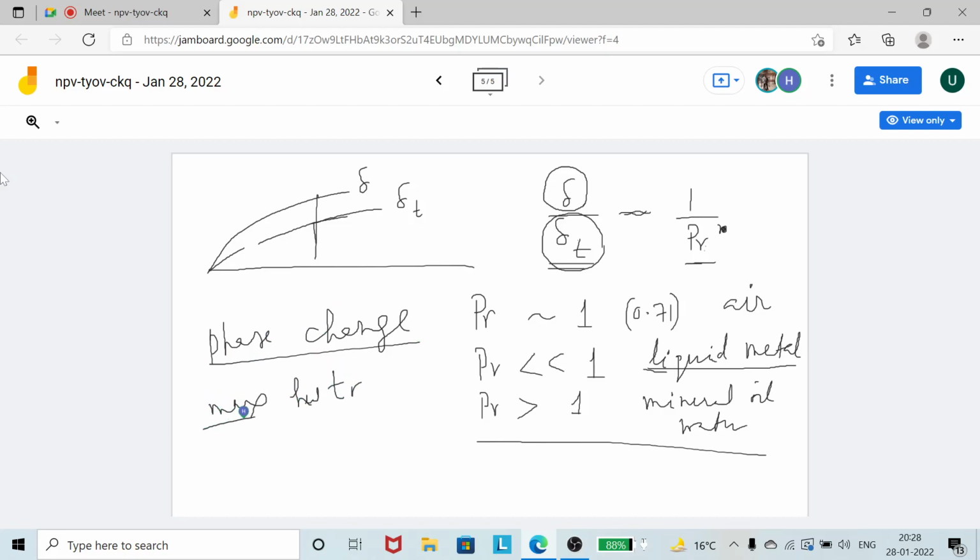Can you tell me an example of phase change, liquid to vapor? Like your refrigerator, there is a working fluid. How it transfer heat? The heat is transferred by freon or some fluid, working fluid in the refrigeration circuit. It takes up the heat and moves.